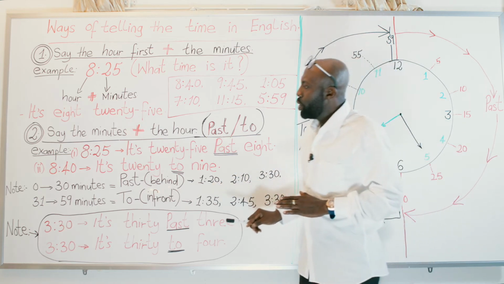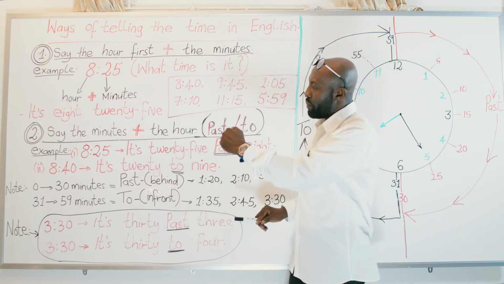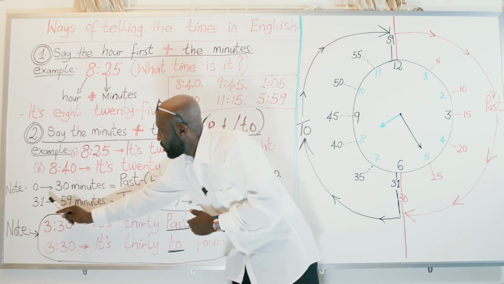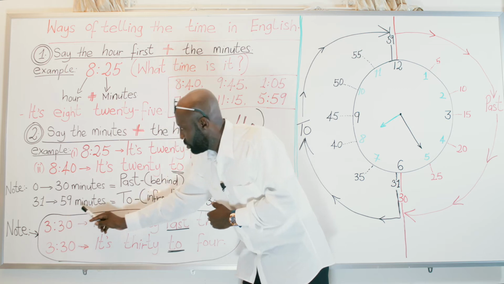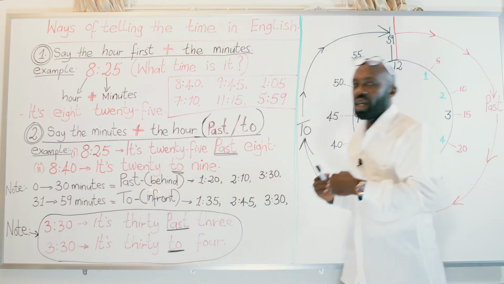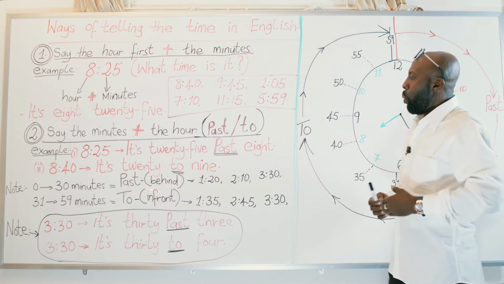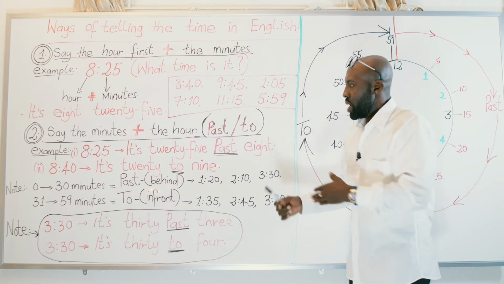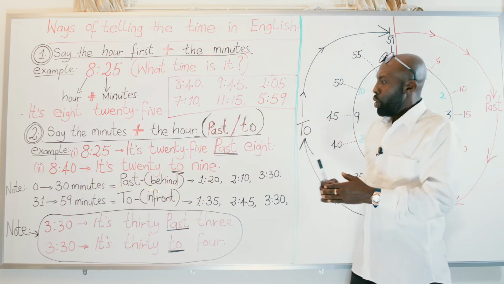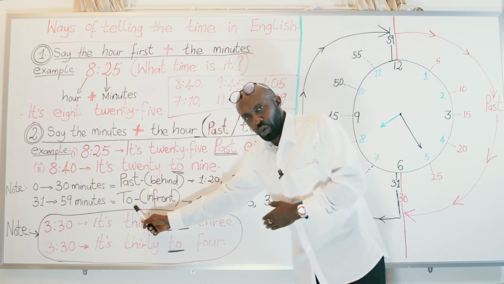Okay, for the minutes which are above 30, between 31 to 59, you use to. To means in front. What do we mean by in front? After every 30 minutes, you want to use to.